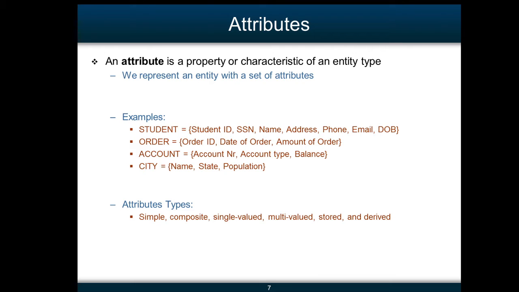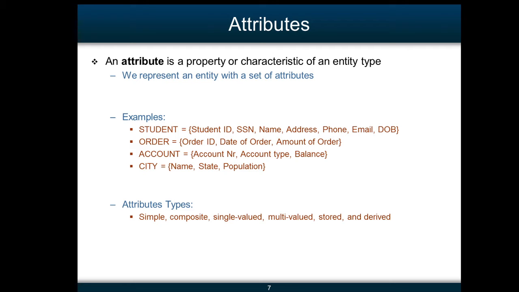Attributes. An attribute is a property or characteristic of an entity type. We represent an entity with a set of attributes. Examples: for the student entity, the attributes are student ID, SSN, name, address, phone, email, or date of birth.